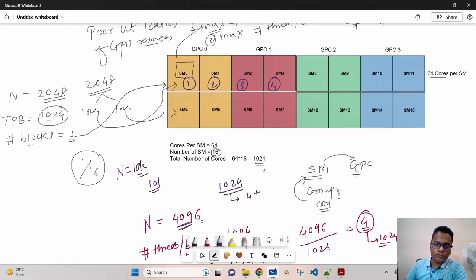But if I'm launching 4096 threads now, every thread is going to perform a single addition. So I increase the number of threads, and the work per thread is reduced. This is how we can also expect better performance. Now we have more threads which can work in parallel and less work among them, so the overall runtime will be less.